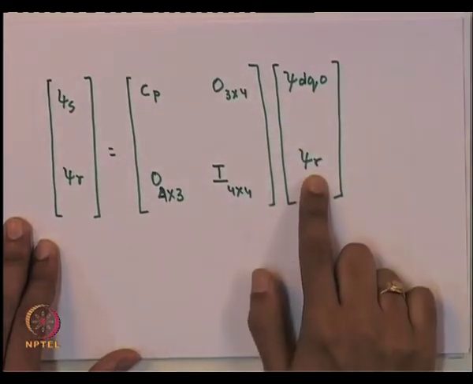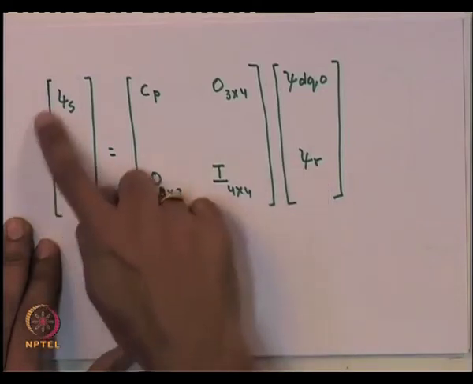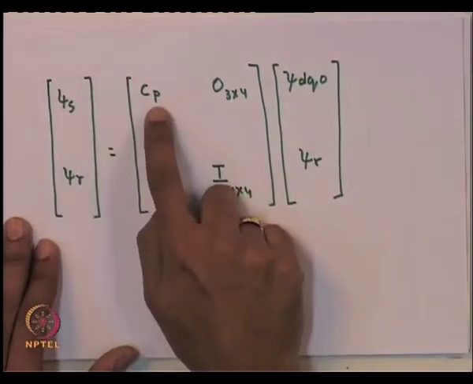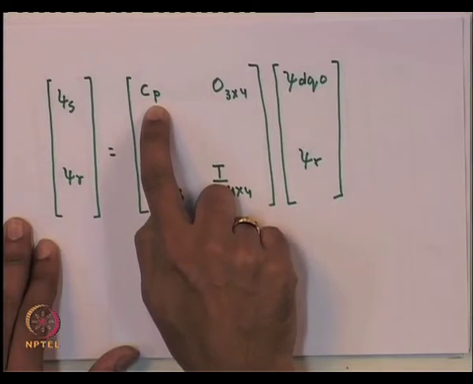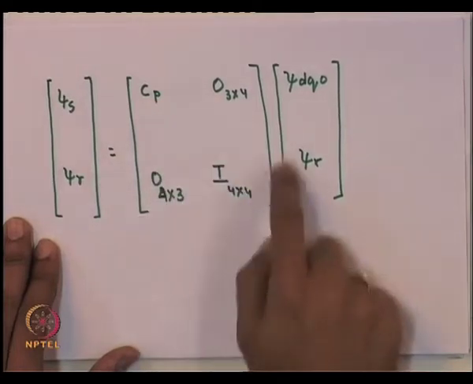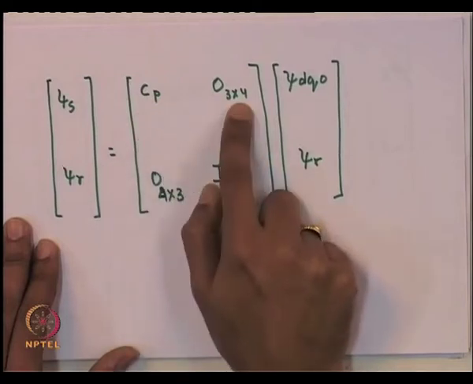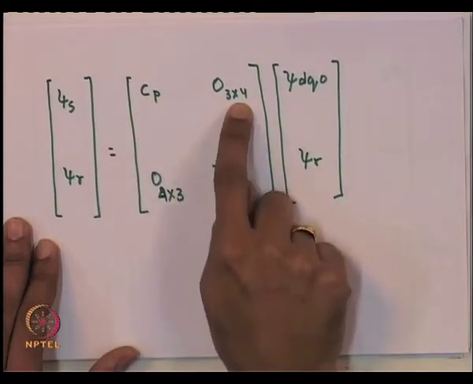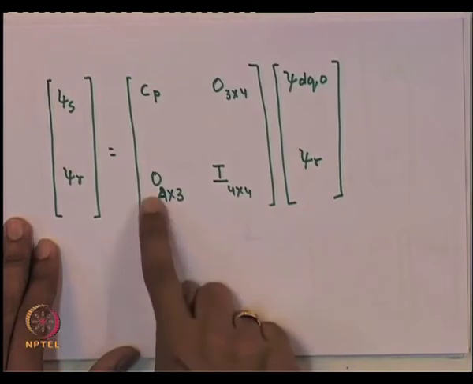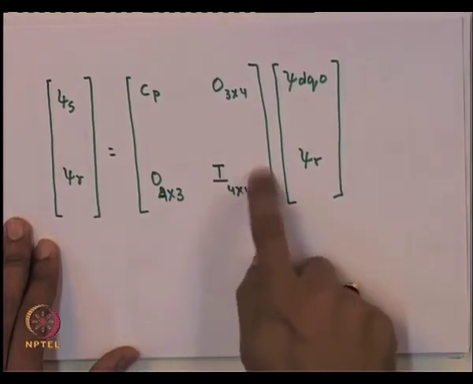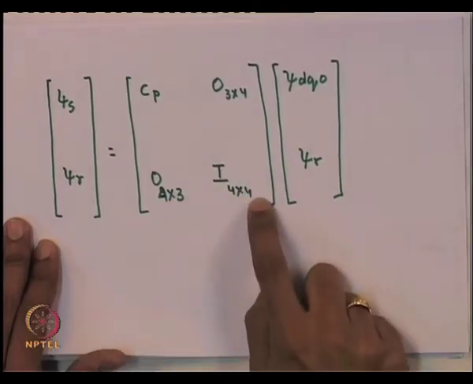Of course, psi r we will keep unchanged. So, the transformation is a larger matrix which has this submatrix C p, a 3 by 4 null matrix, a 4 by 3 null matrix, and an identity matrix which is 4 by 4.